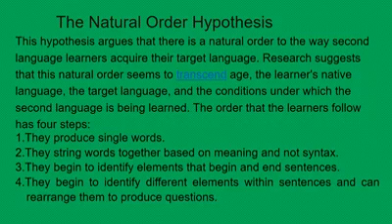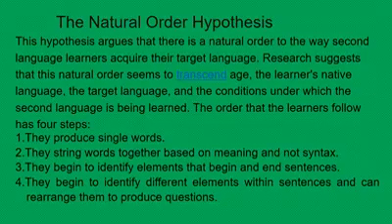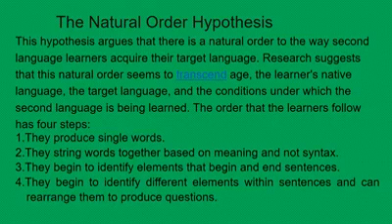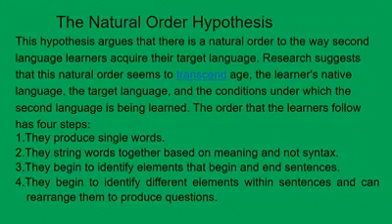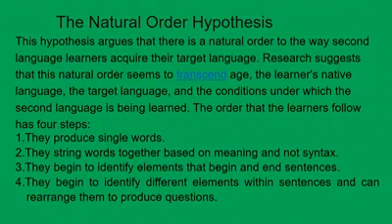The natural order hypothesis. This hypothesis argues that there is a natural order to the way second language learners acquire their target language. Research suggests that this natural order seems to transcend age, the learner's native language, the target language, and the conditions under which the second language is being learned.